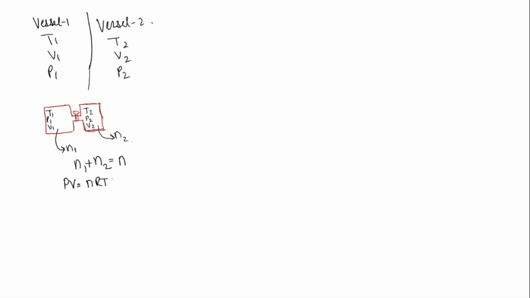So N1 is equal to P1 V1 by RT1, and N2 is equal to P2 V2 by RT2. And for N, when the system is at equilibrium, we'll consider the pressure as P, the volume will be V1 plus V2, by R into T. This is the temperature at equilibrium.